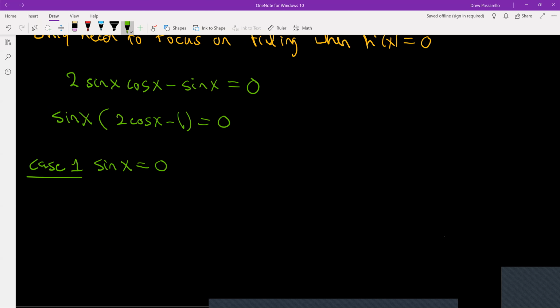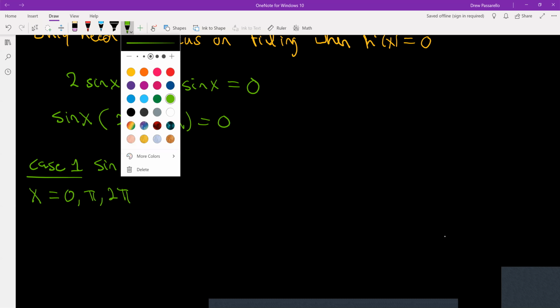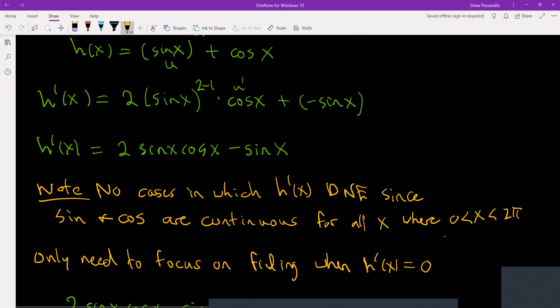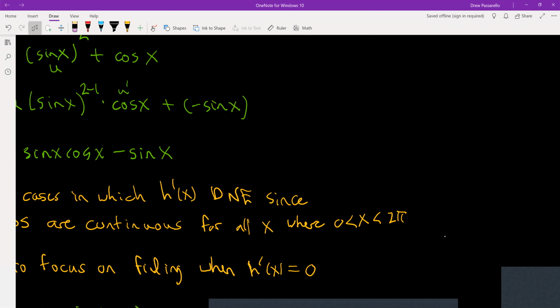Well, if you're looking at the unit circle, the cases in which sine is 0 are generally when x is 0, pi, and 2 pi. But we don't include 0 and 2 pi because our domain is talking about x being greater than 0 and x being less than 2 pi.